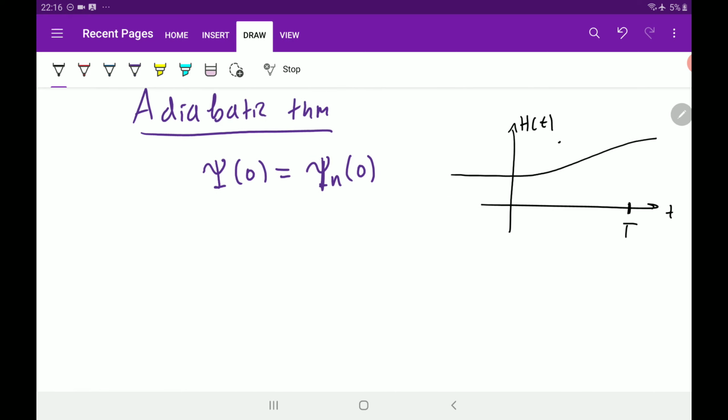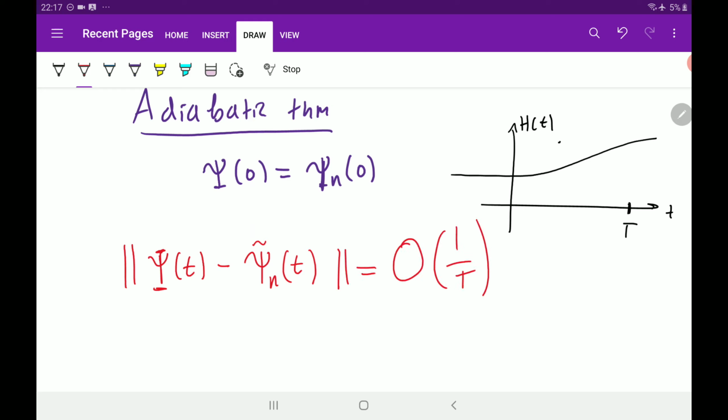Now, the adiabatic theorem states, and this is the bit that requires proof, that the actual wave function at time t is very, very close to the wave function if it were to stay in the eigenstate you started off with.